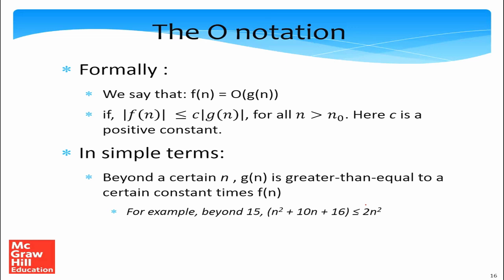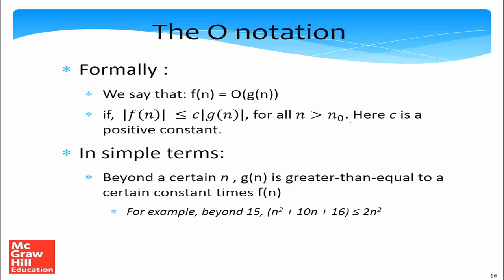So let us try to formalize this notion. Let me introduce the big O notation, capital O. Formally we say that a function fn is order of, so big O of gn, if fn is less than or equal to a constant c times gn for all n greater than some n0, where c is a positive constant.